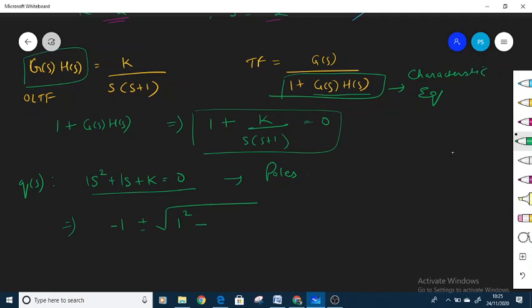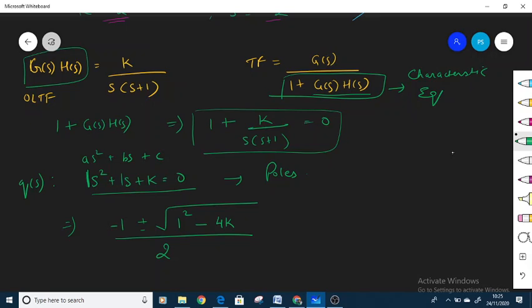Here the coefficient of s square is 1, and the coefficient c is k, so minus 4 into k into 1, divided by 2 into a. This is written as a s square plus bs plus c. So from here we derive the roots.